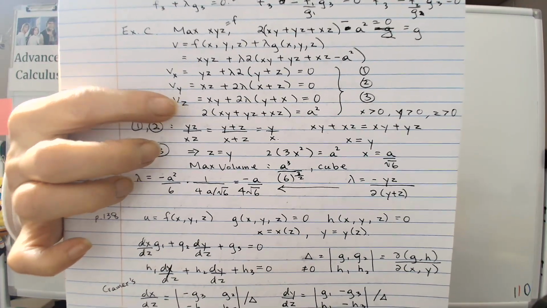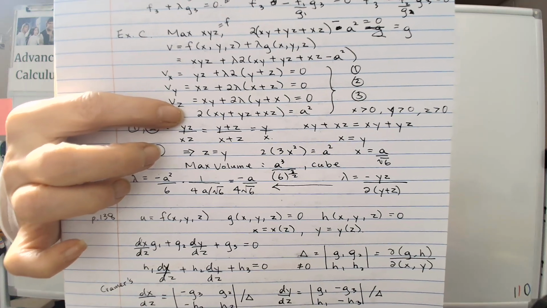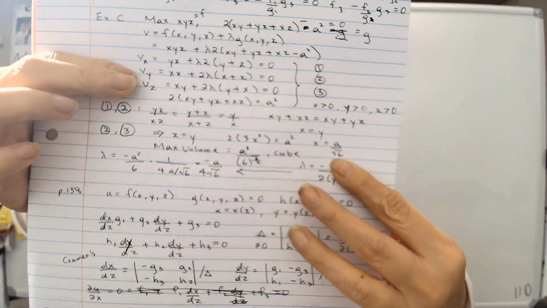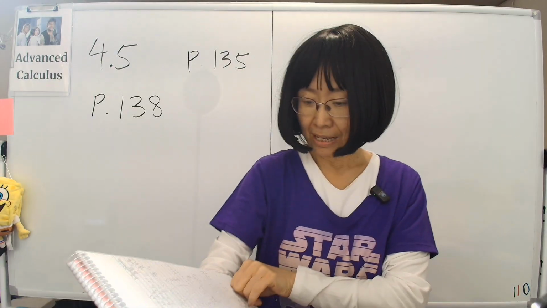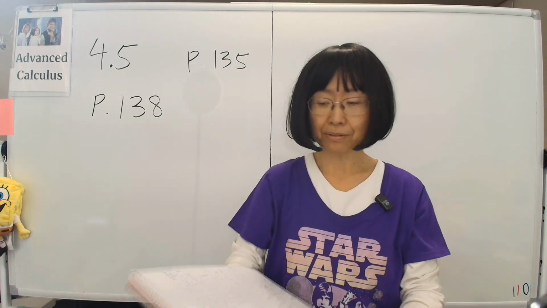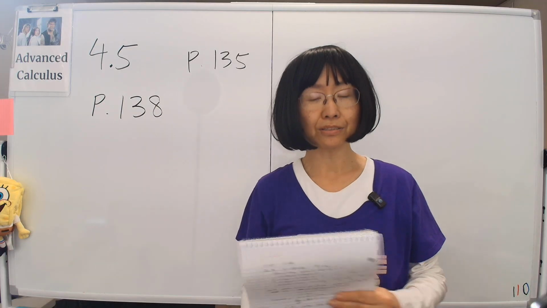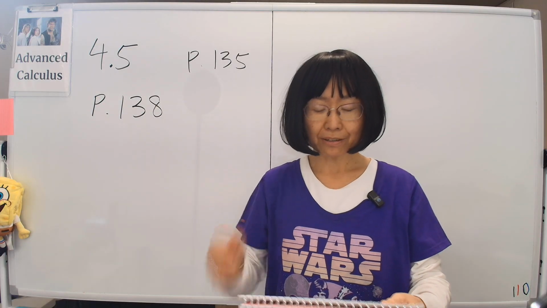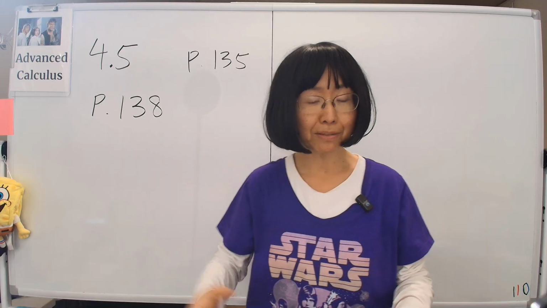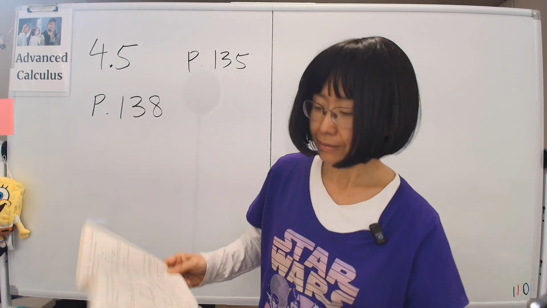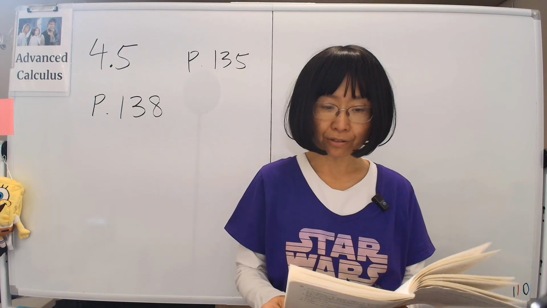And if they're all the same, you can plug into the area formula and quickly figure out that x, which is the same as y and z, equals a over square root of 6, and the whole thing is a cube, of course. So that is one sample of how to use Lagrange multipliers with 3 variables, which is the same as 2 variables, except that now you have 1 more equation and 1 more unknown.